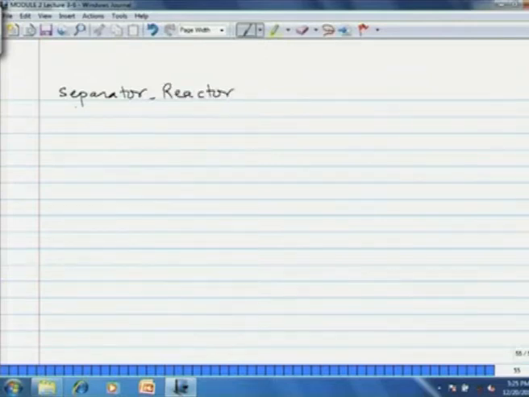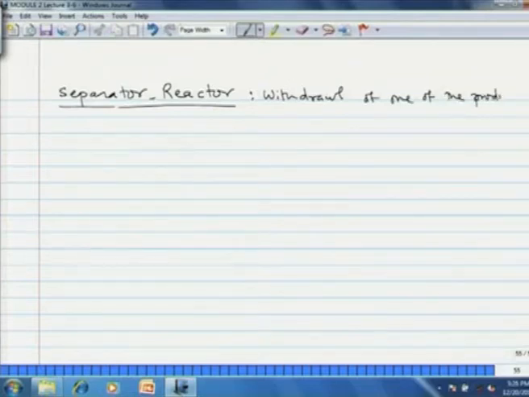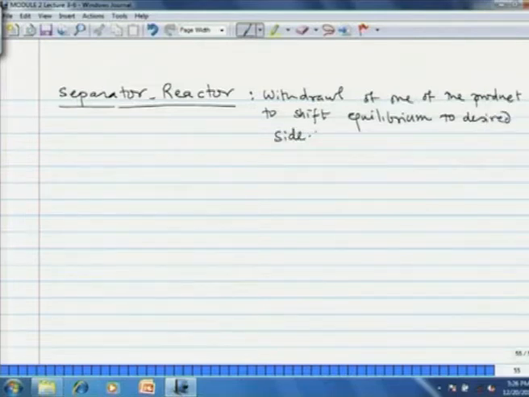The separator reactor is essentially based on withdrawal of one of the products as the reaction proceeds, to shift the equilibrium to the desired side, that is, to have as much conversion as possible.